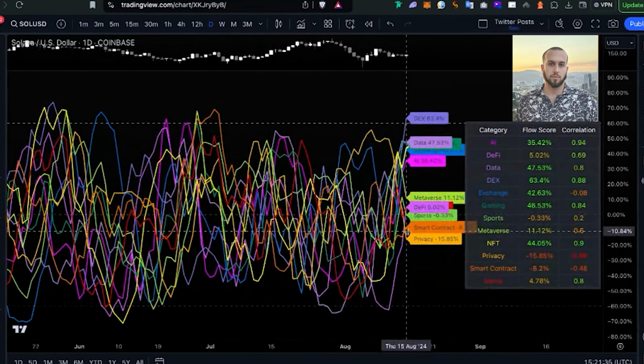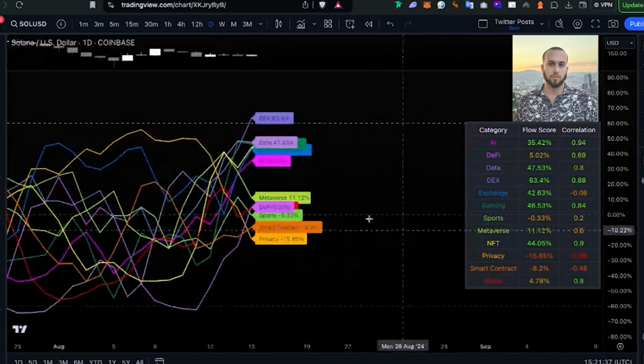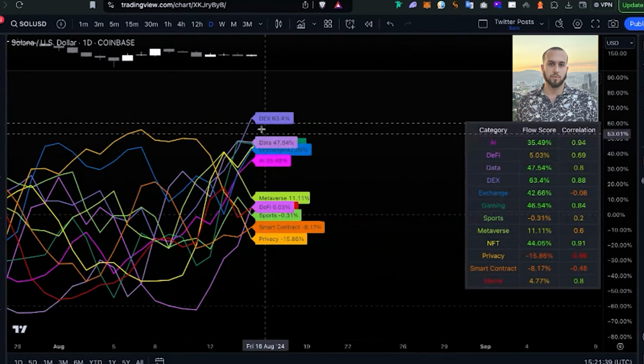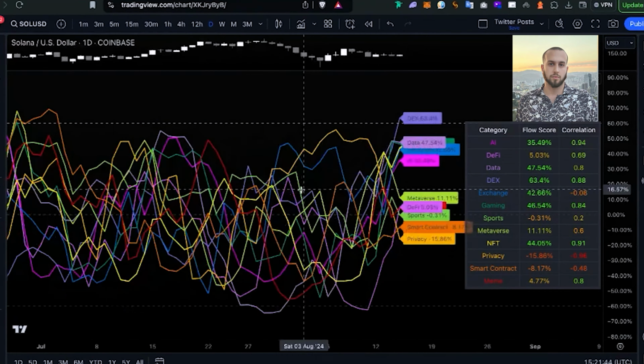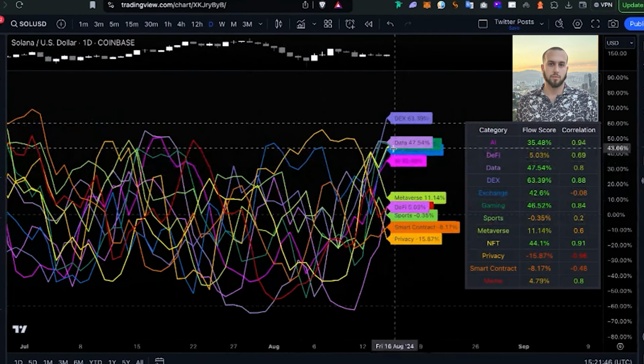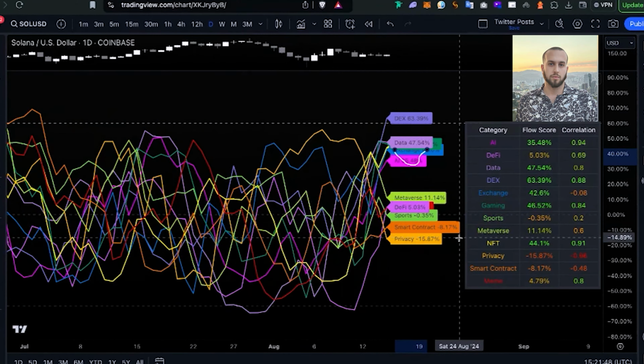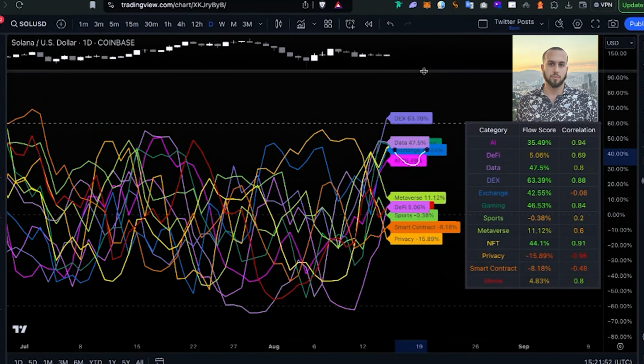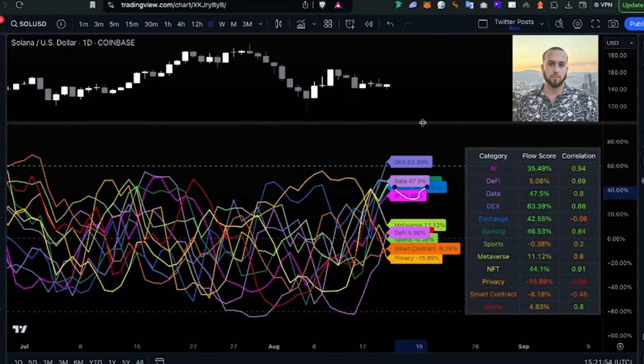And once again, you don't have to. But for instance, with AI data and exchange tokens, I wouldn't say this is completely topped yet. Generally speaking, it takes a little bit more time to start topping out. And obviously also pay attention to the chart that you're actually trading. So if the token doesn't look topped, then obviously don't get out of it.